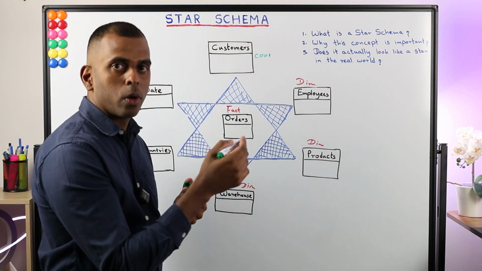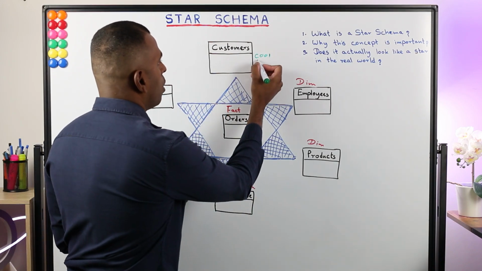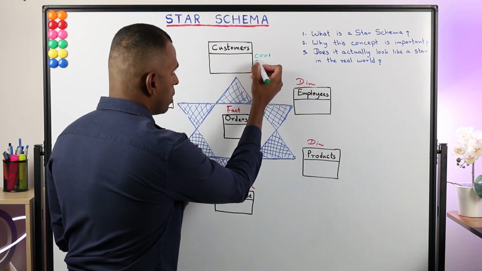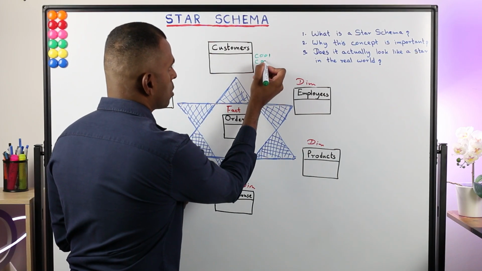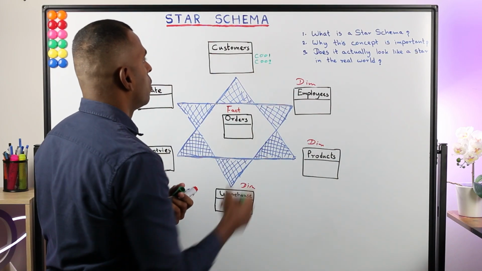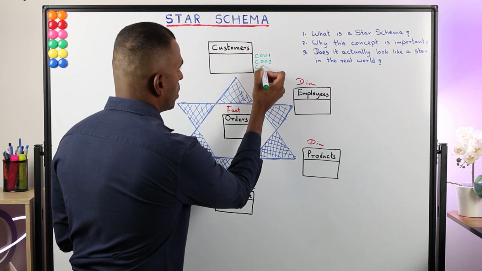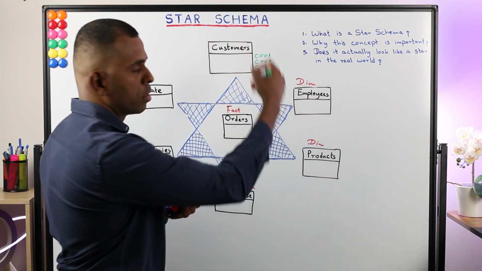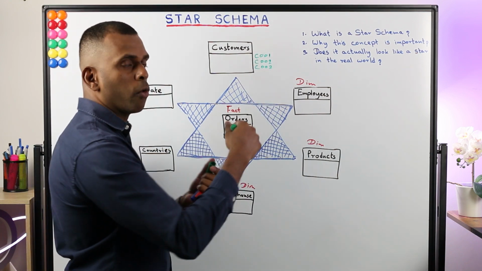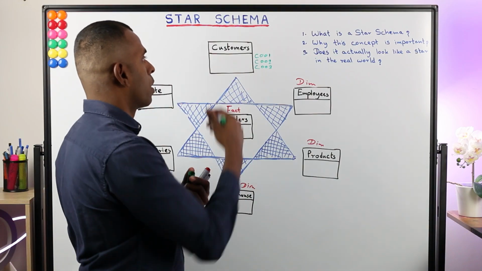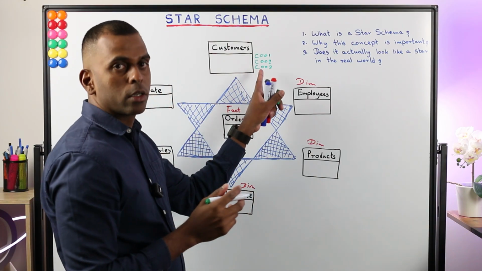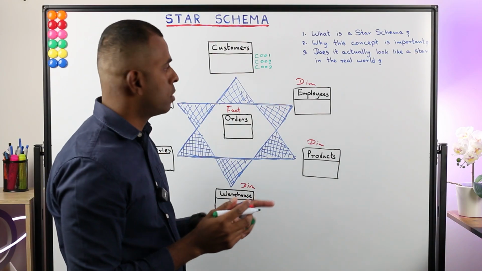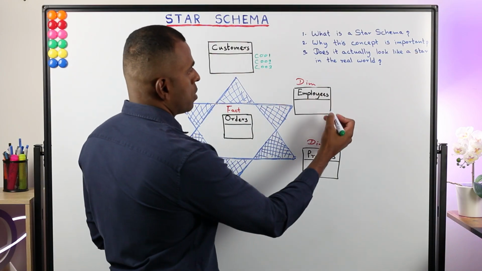Each record has a unique key: this is customer number 1, then customer 2, and this is customer 3. It goes further down for each record. Let's say there are 1,000 customers, there are 1,000 unique IDs like this, and employees are the same.